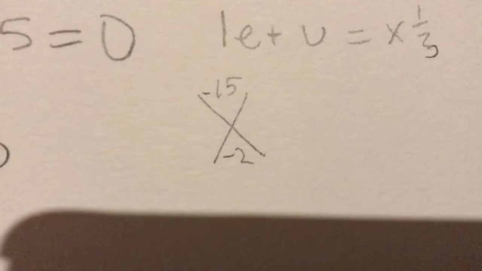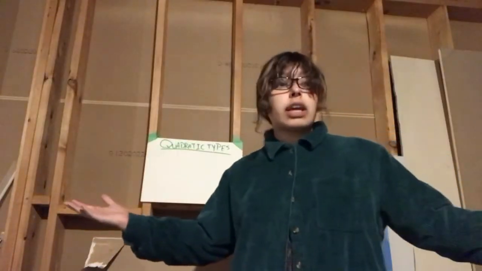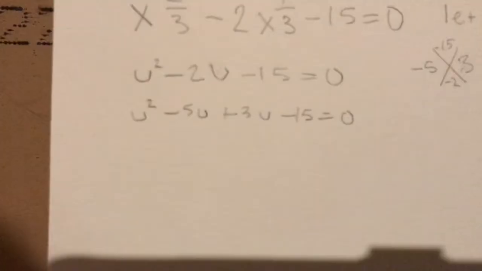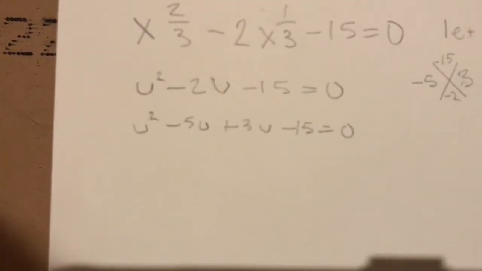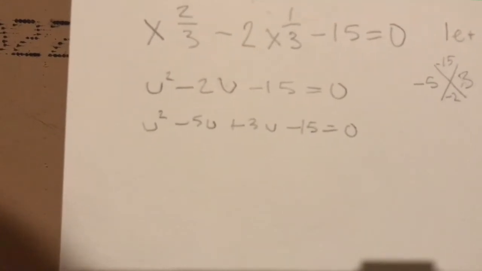Alright, time to factor. Can anyone give me two numbers that add to be -2 and multiply to be -15? -5 and 3. Correct. Now when we plug that in, we get u squared minus 5u plus 3u minus 15 equals 0.